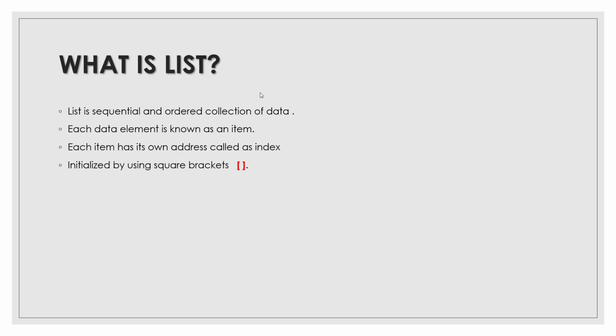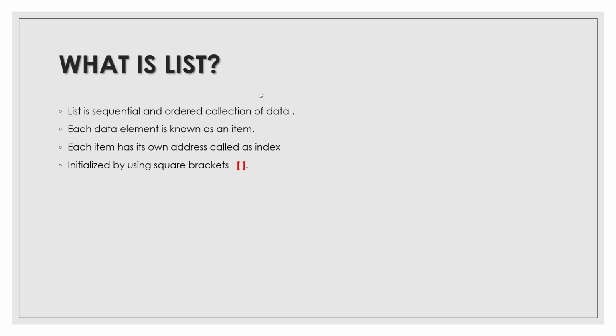It is going to maintain the same order in which you store the data. And how can we access each piece of data? To access each one, we have a specific address for each of them, which is known as the index, and each element in our list is known as an item.